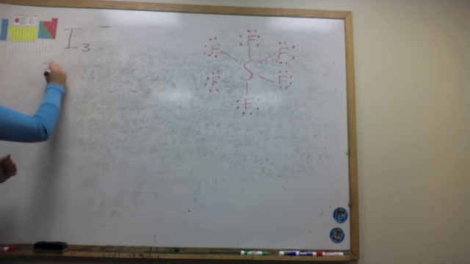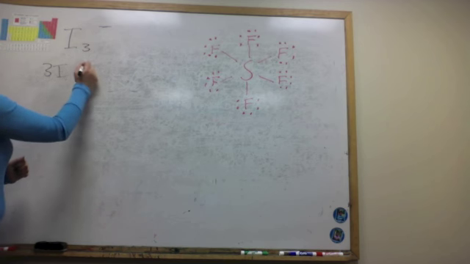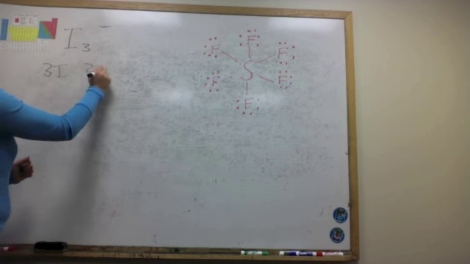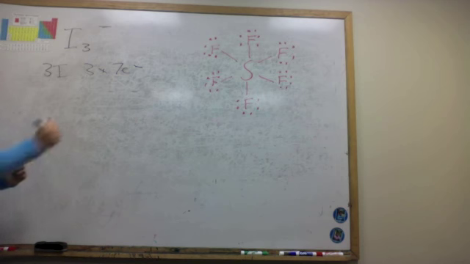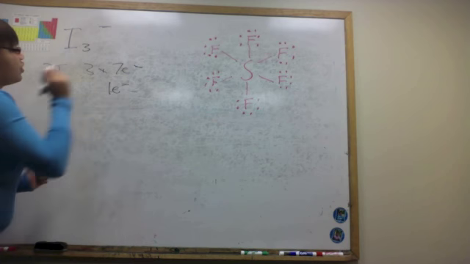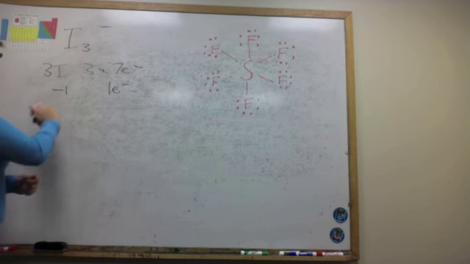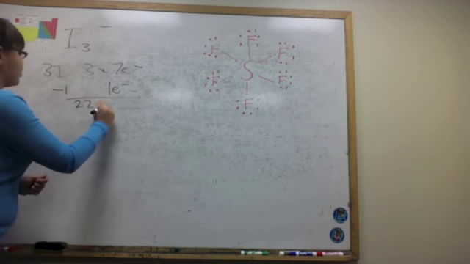There are 3 iodine atoms, each with 7 valence electrons. We also have a -1 charge, so we should add 1 electron to our valence electron count. This gives us a total of 22 valence electrons.